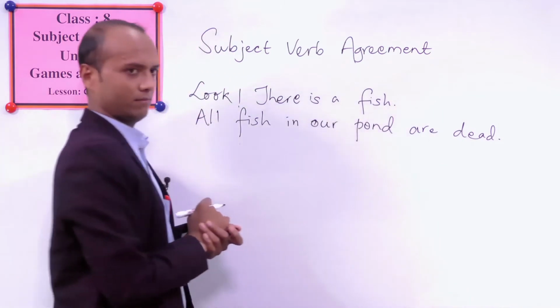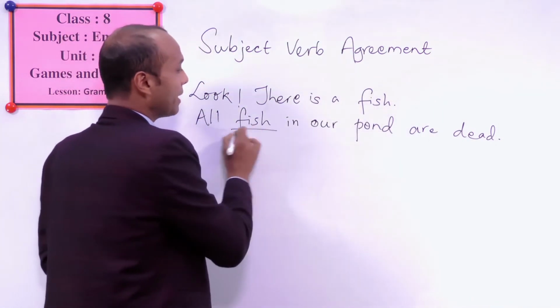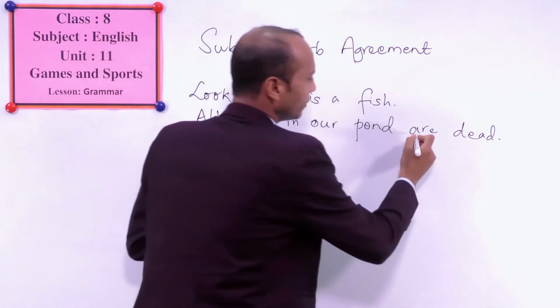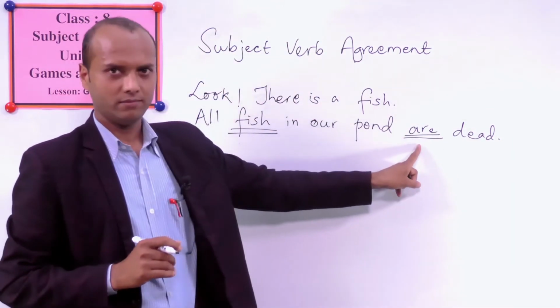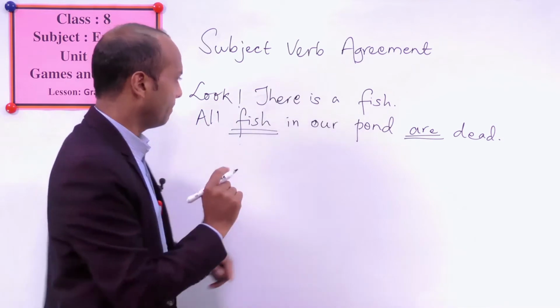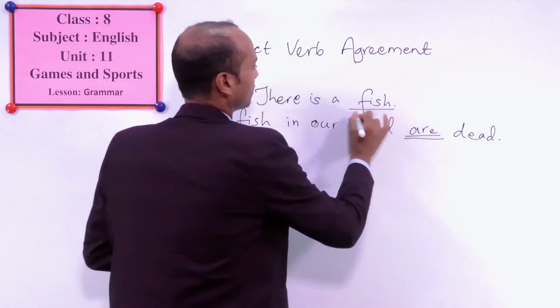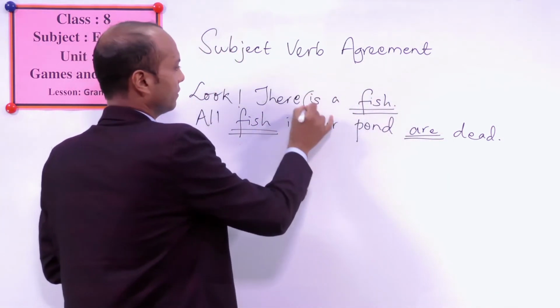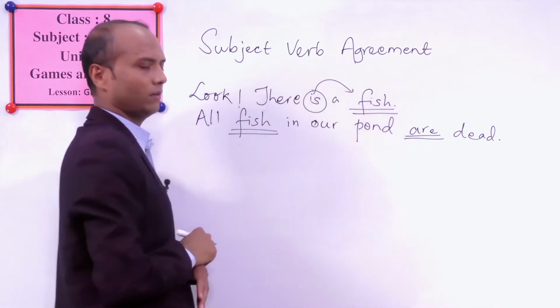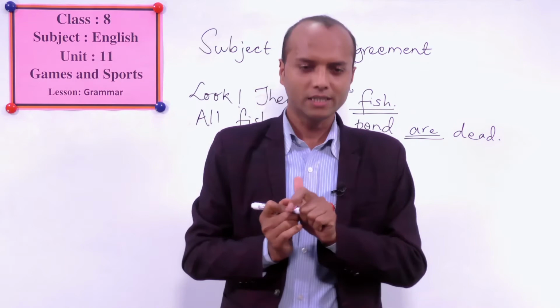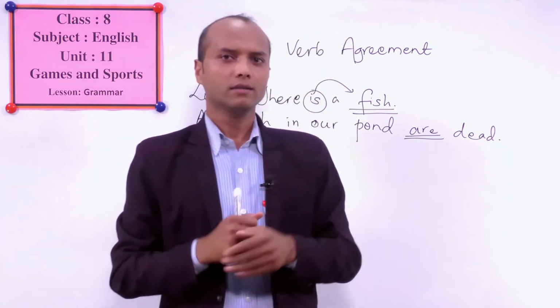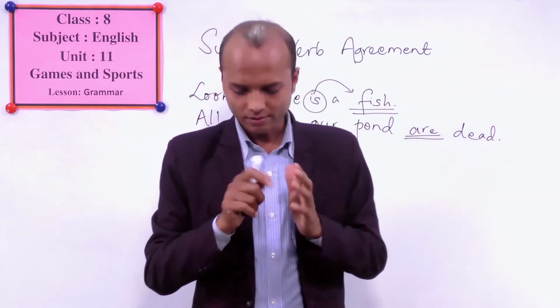Something happened. Now, how many fish? Many. How do we know that this is plural? Because of the use of are. Remember. But the first one is singular. Why? Because of the use of is. That's why you can use fish or sheep based on the context. Got it? Good.